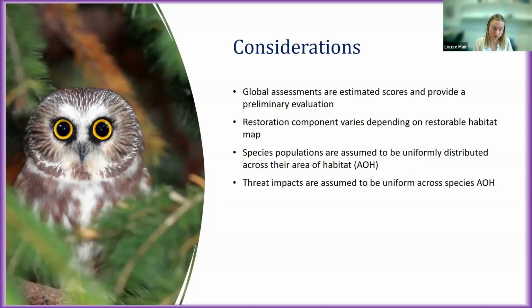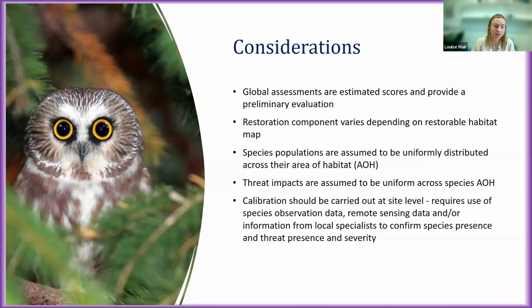A second major assumption is that threat impacts are uniform across the species' area of habitat as well. Again, this is simply due to a lack of refined resolution data on threat impacts, but we're working quite hard on understanding whether we can get to a slightly more nuanced data set in terms of the spatial distribution of threat impacts.